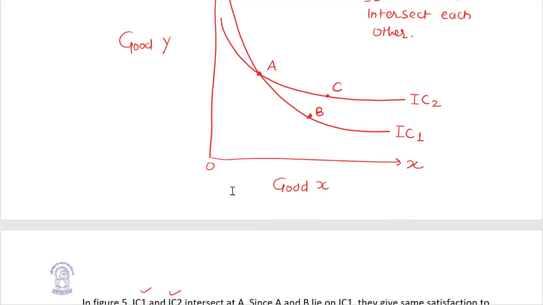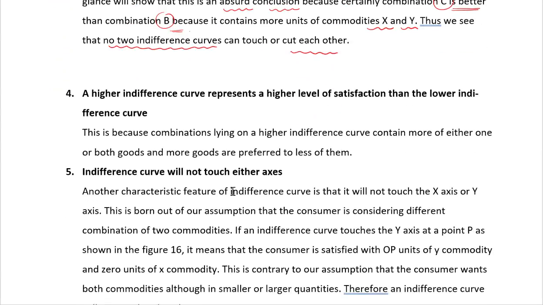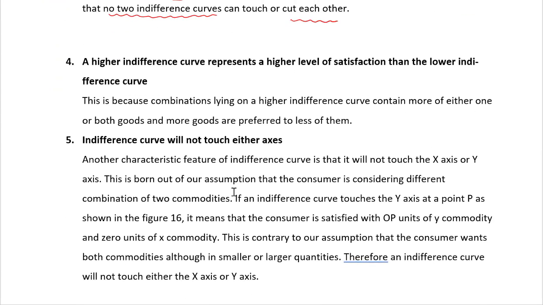Let's move a bit forward. The next point is very simple. The higher IC curve represents a higher level of satisfaction. So in normal language we can write: a higher indifference curve represents a greater level of satisfaction.